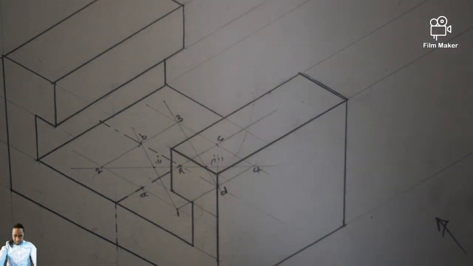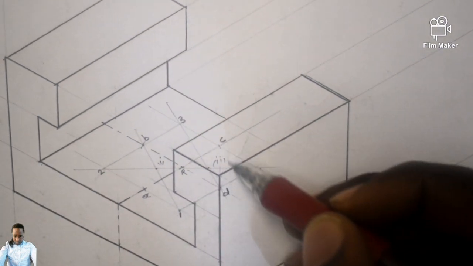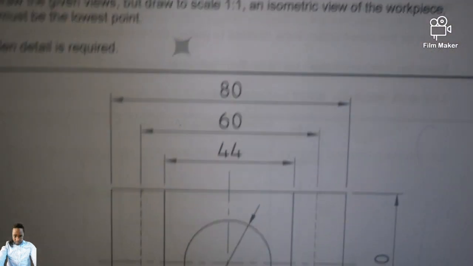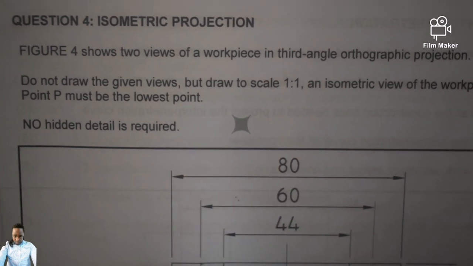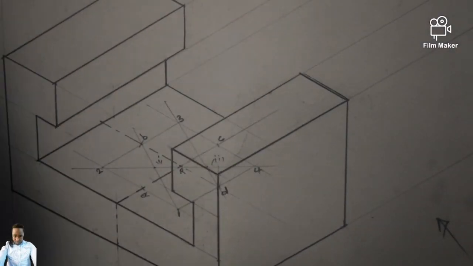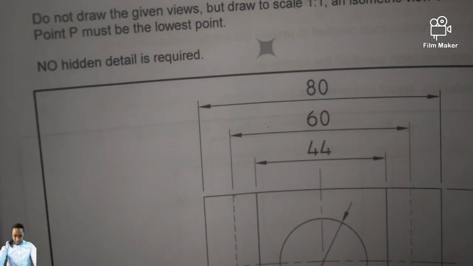But then by the look of things, this side of our circle won't be shown. It won't be shown. Remember, the question said no hidden details. It is required. So do not show hidden details, or you'll actually be wasting your time in the final examination or in your internal examination.